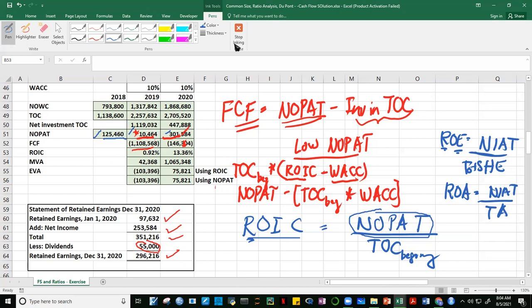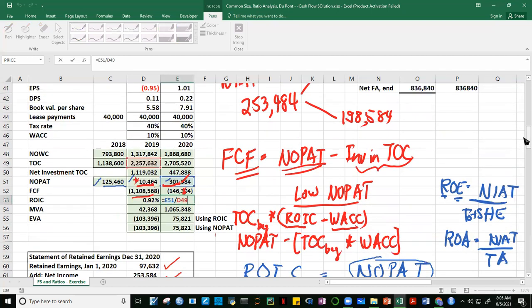So the ratio is NOPAT divided by the beginning capital, for both years. So our formula is correct. When do we say that, based on the ROIC, the firm has created value? We compare the ROIC with the weighted average cost of capital.